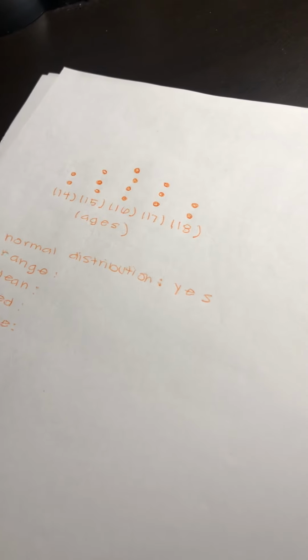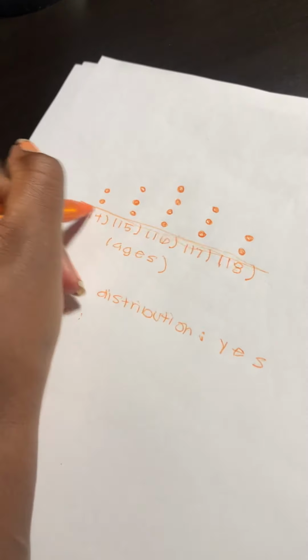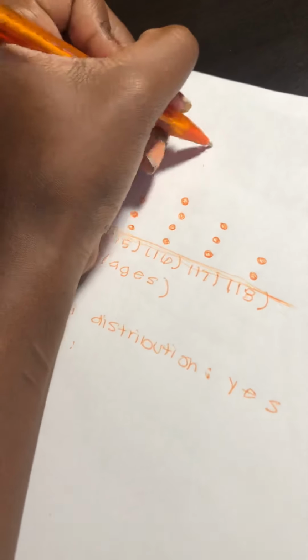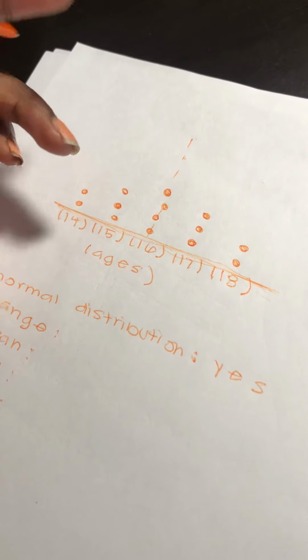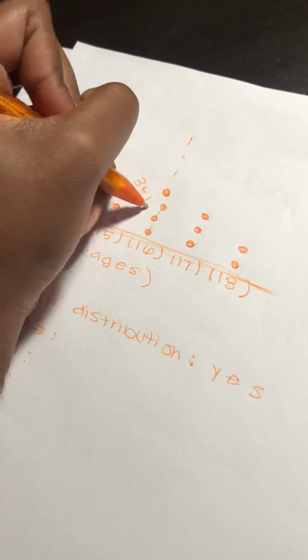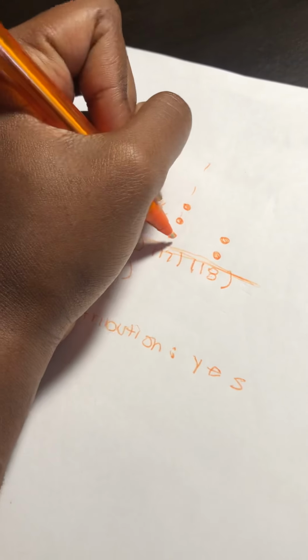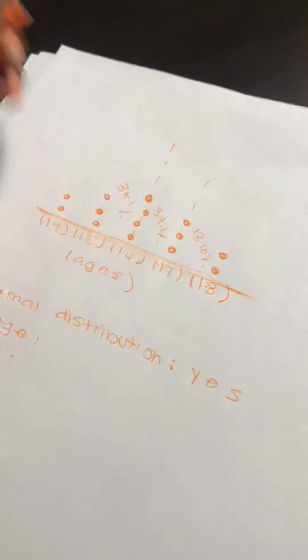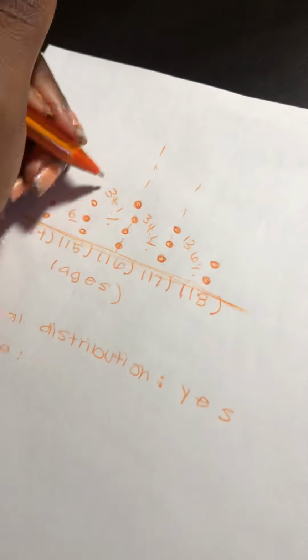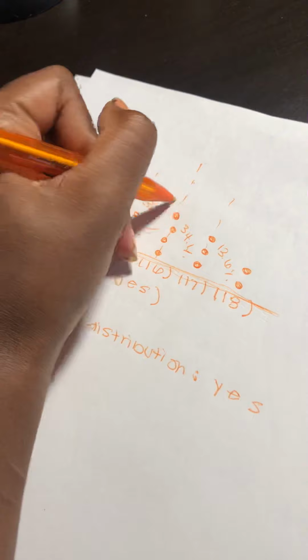The reason being is because if you were to categorize this up or divide this up in the percentiles, 34.1% of the data will be here, 34.1% right here, 13.6% right here, 13.6% right here, and there is no skewness.